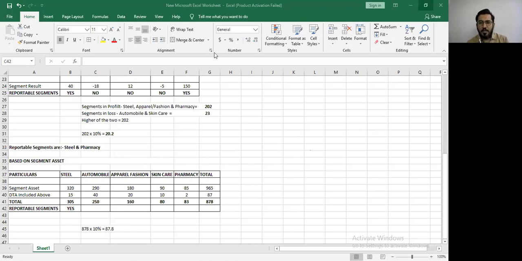The 10% criteria requires 87.8. However, you have a total of 250. So of course, separate disclosures are required.